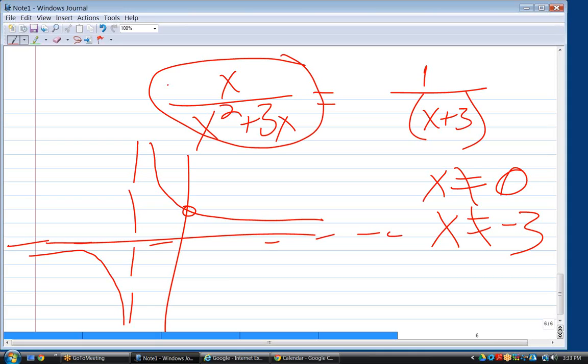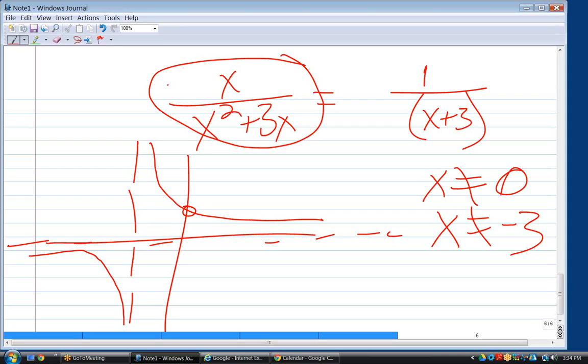In other words, x equals 0 is just 1 point. Yeah, like it, but in a regular window it won't show it. Right, and it shouldn't because you wouldn't see it. But if you were to graph it manually or with a special calculator that shows holes, then you're going to see a hole there.